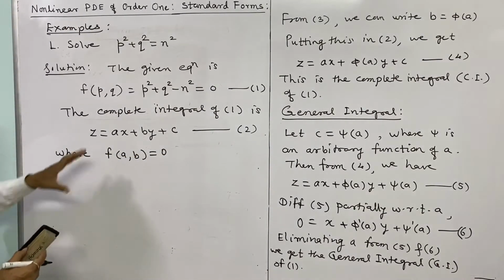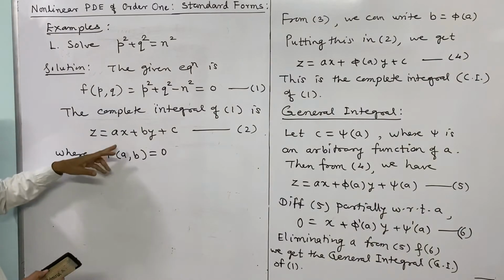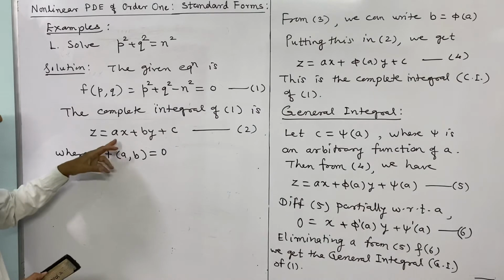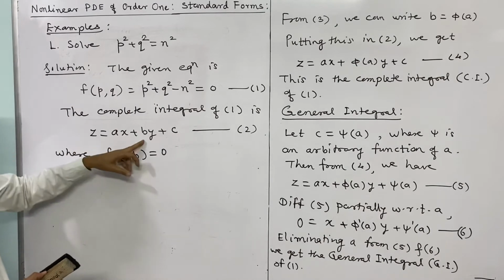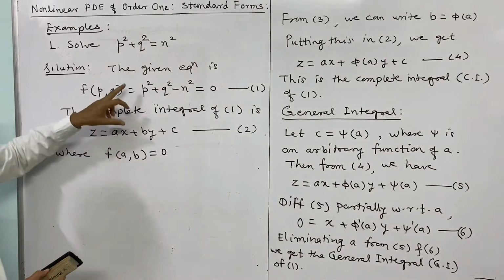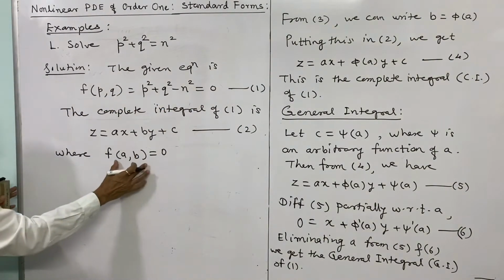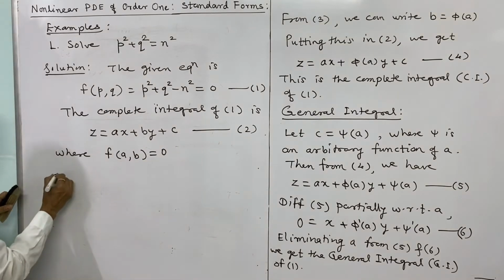We have verified this because p is a and q is b from this differentiation, and therefore we put this here, we get the same relation, f of p and q is equal to 0. Now f of a and b is equal to 0.